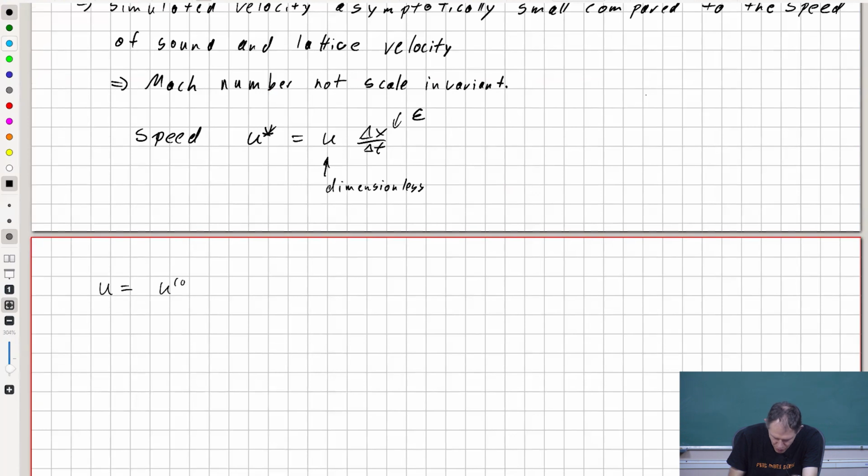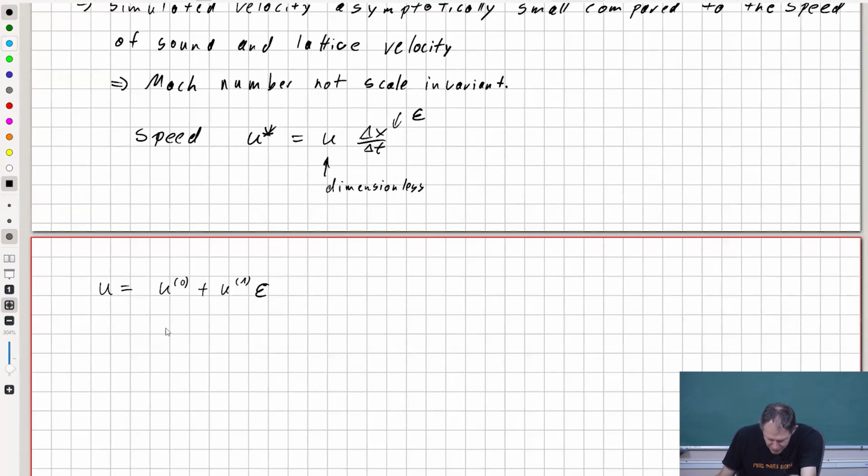There is a U to the 0 order plus a U to the first order. Now we see that this translation factor here, delta x by delta t, is already in epsilon.